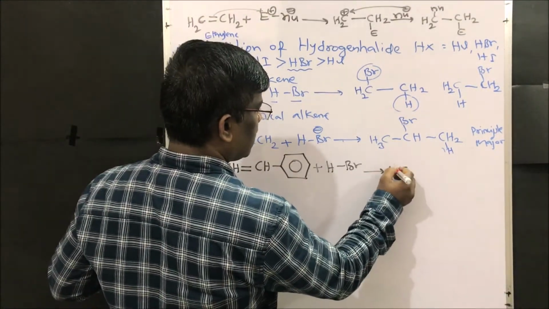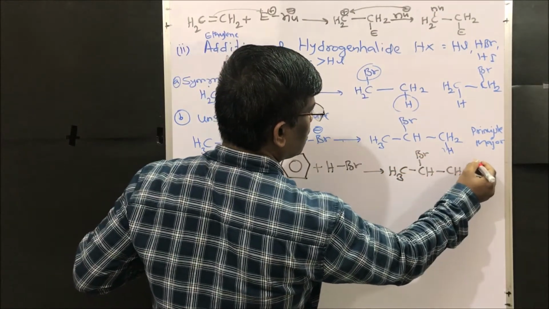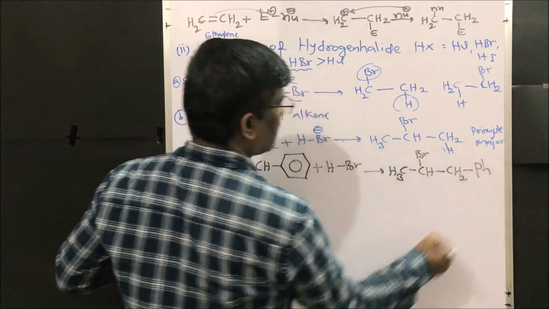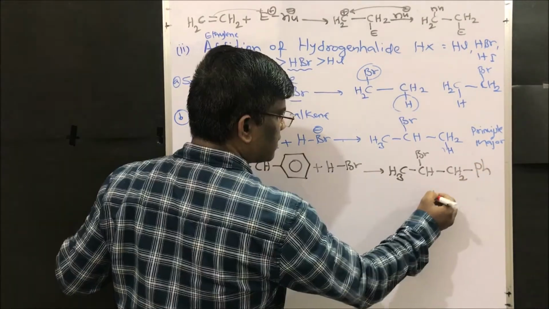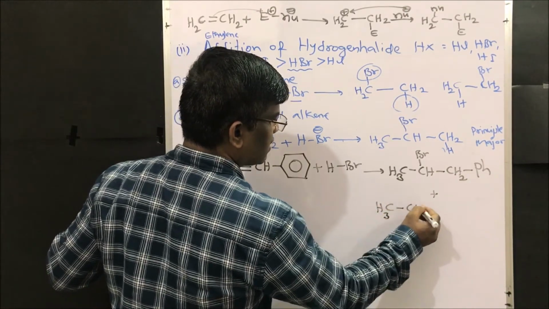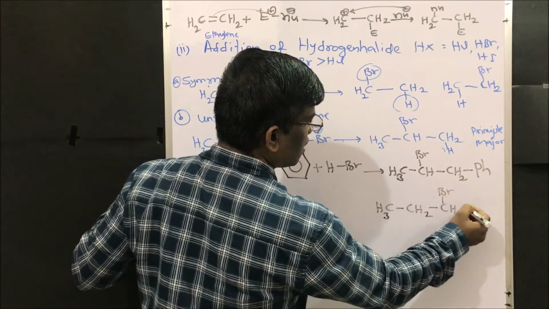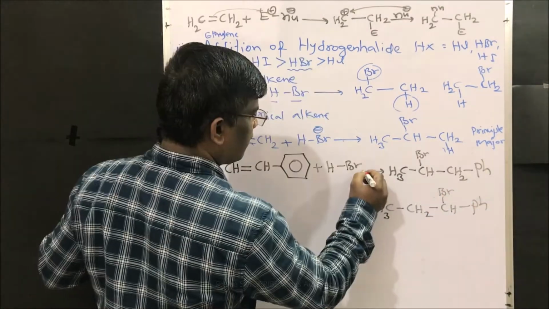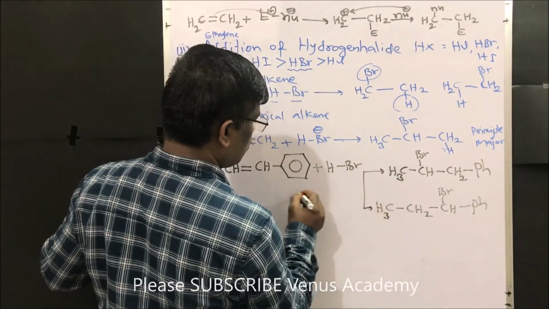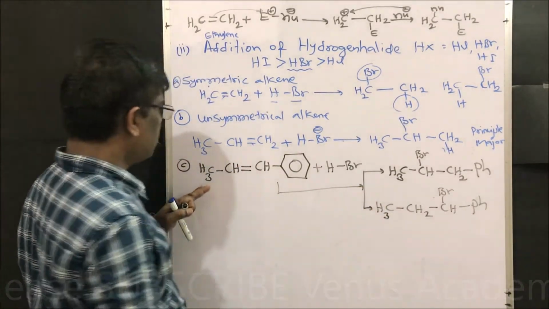CH3 CHBr CH2 phenyl, plus you may say this is also possible, CH3 CH2 CHBr phenyl. These are the two products expected from this reaction.